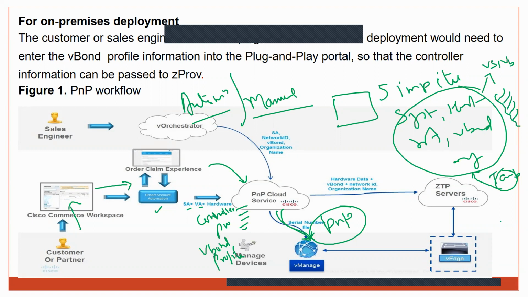So we simply connect that VS device or CS device to the internet, and we follow the same PNP process, and then automatically we configure the file, the bootstrap configuration, and it connects to the VWAN and comes into the SD-WAN fabric. Suppose it is a new branch and we create the template with these five lines.